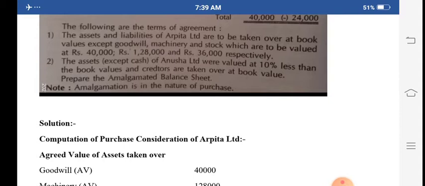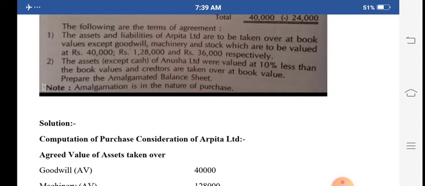Now the next note: the assets, except cash, of Anusha Limited were valued at 10% less than the book values, and creditors are taken over at book value. Prepare the amalgamated balance sheet.